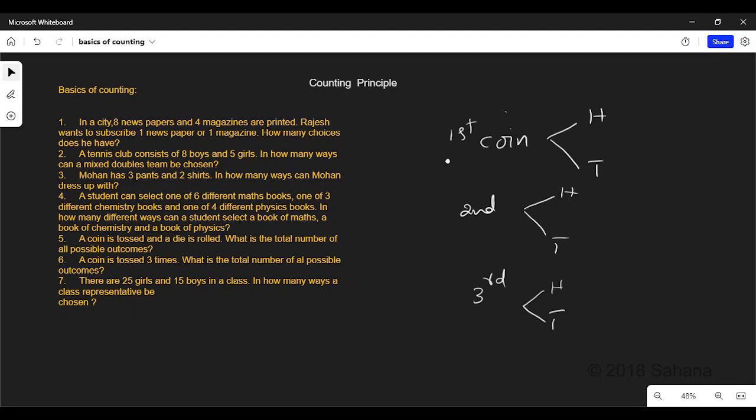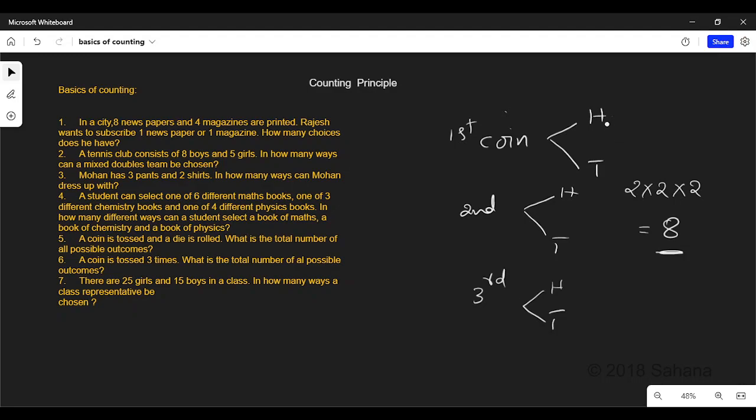Why? The first time I toss, I get head or tail. The coin is tossed 3 times, in the sense the action is repeated. Therefore, 2 into 2 into 2, it's 8.